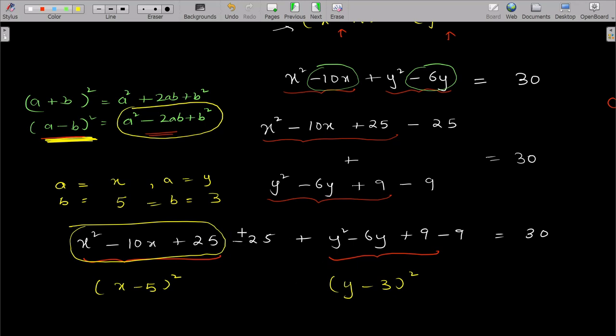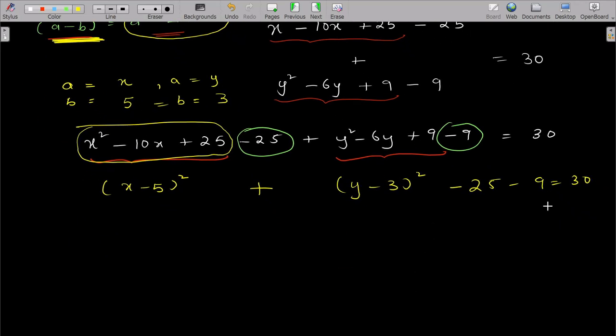Okay. And then this negative 25 is left. Negative 25 and negative 9. So that we will write as it is. So x minus 5 whole square plus y minus 3 whole square minus 25 minus 9 is equal to 30. So what is minus 25 minus 9, Anika? Negative 34.